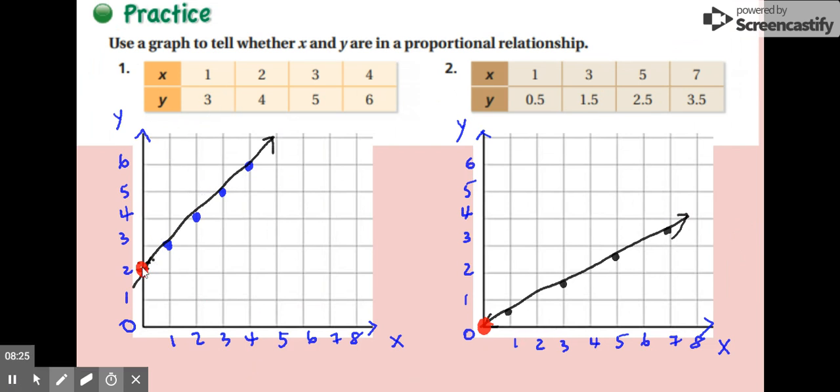If you draw the line after you plot all the data, 1, 3, 2, 4, and everything, then you see that this doesn't pass through the origin, so it's not proportional. X and Y are not proportional because the line doesn't pass through the origin.